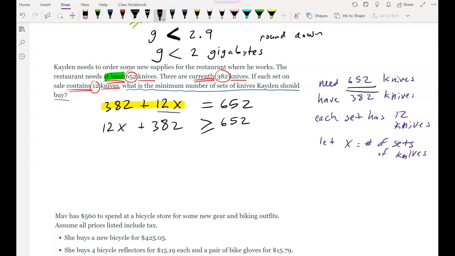So, the steps in solving: we will undo the adding of 382 by subtracting 382, because that's the number of knives they already have. So those will cancel each other out, and we get 12 multiplied by the number of sets of knives is greater than or equal to 652 minus 382. You can hear my calculator. 270.